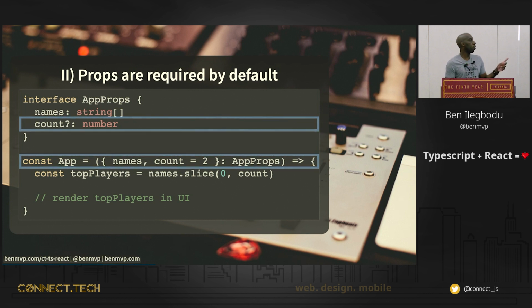And within the code, now I'm going to have to check to see if count is undefined or if it has a value. So this is basically how you do default props. You pass in a default to count equals 2, and that works. And it's just vanilla JavaScript. That's not even something special about TypeScript.